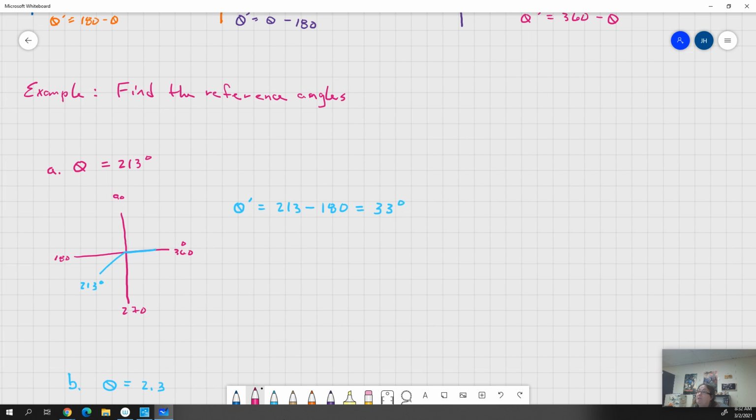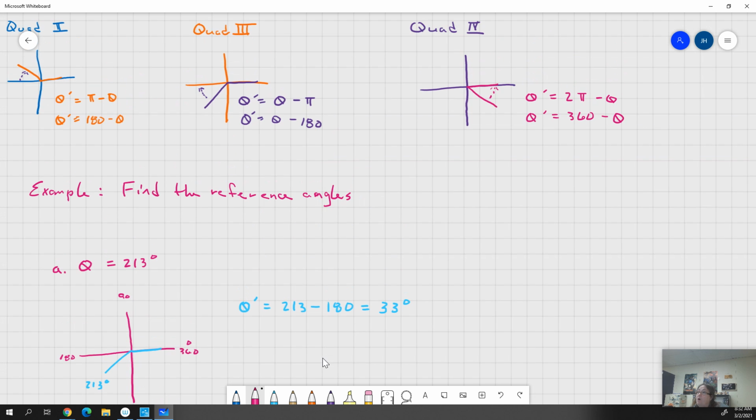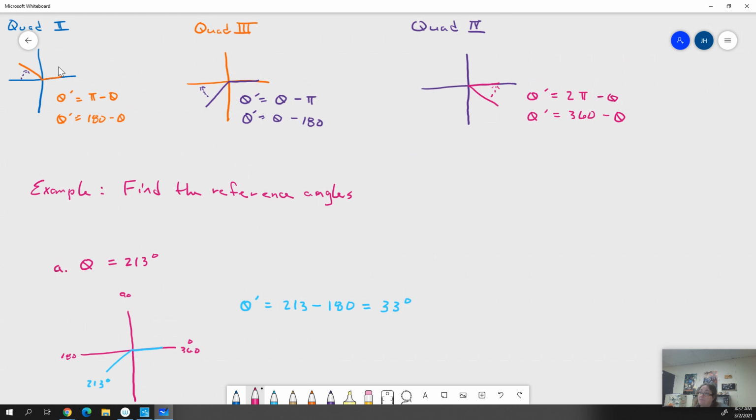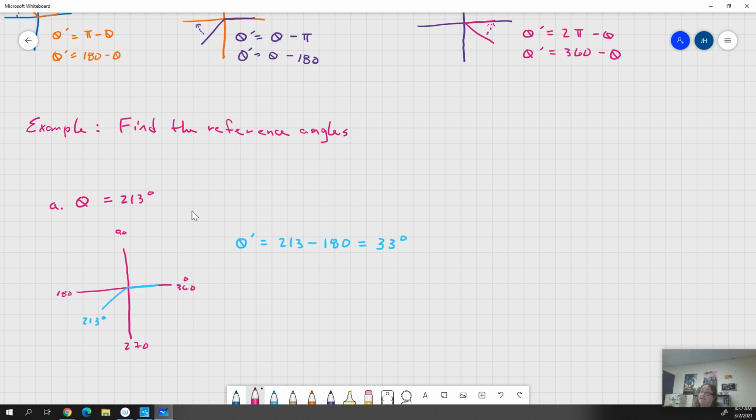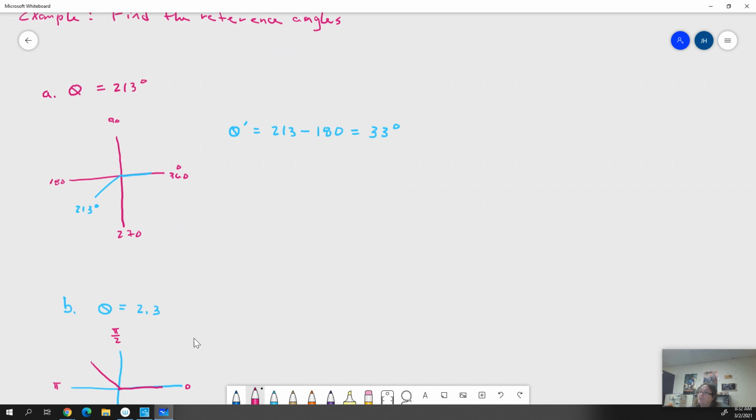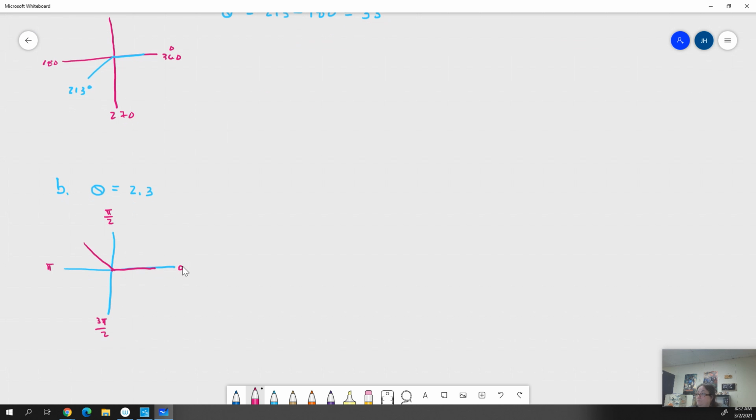In our formula, if you remember, for quadrant 2 our reference angle, theta prime, equals pi minus theta. So we're just going to do theta prime equals pi minus 2.3.